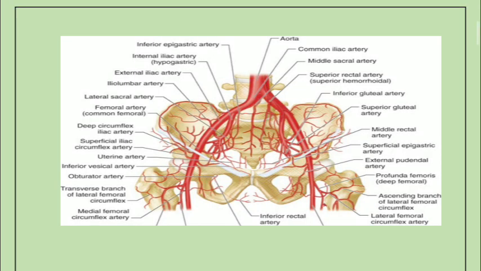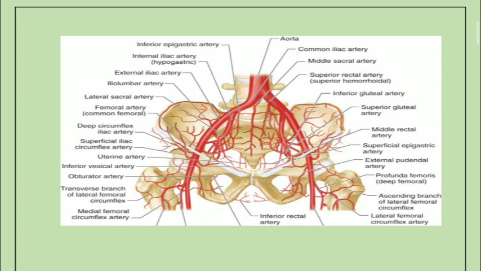Right here is an illustration of the details of all the branches of the internal iliac artery and the common iliac artery that supply the pelvis. You also have branches of the abdominal aorta supplying the pelvis. Taking a close look at this illustration, you have branches of the internal iliac artery that supply the pelvis.